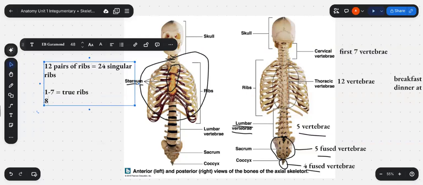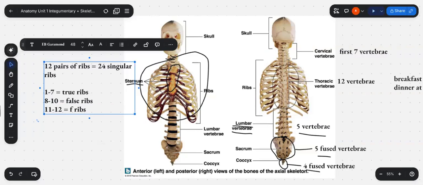And then from there, 8 to 10, those are going to be your false ribs. They're not directly touching your sternum. They need a little bit more cartilage in order to reach the sternum. And then finally, 11 to 12, these are going to be your false ribs. You can see at the very bottom, they're not even close to the sternum. They need a lot of cartilage to be able to connect to the sternum.